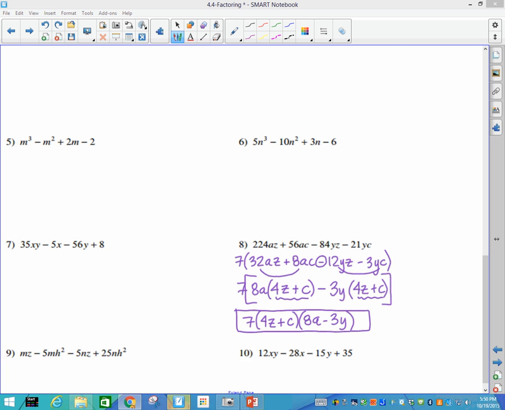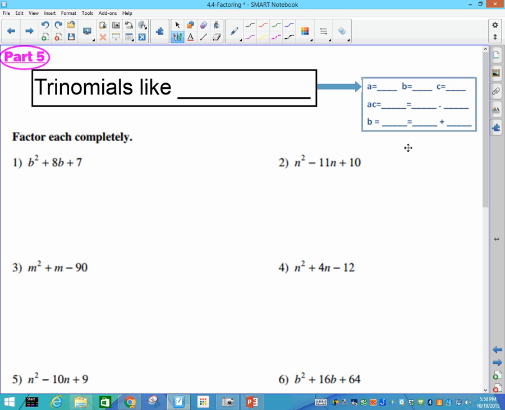Now we're going to go into factoring trinomials. Okay? Trinomials, I hope everybody knows, a trinomial is, of course, one with three terms. And they look like ax squared plus bx plus c. Okay? That's just our standard trinomial form. So you have to be able to identify a and b and c in each problem.